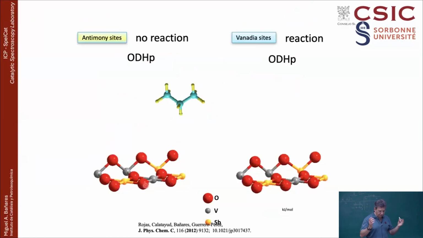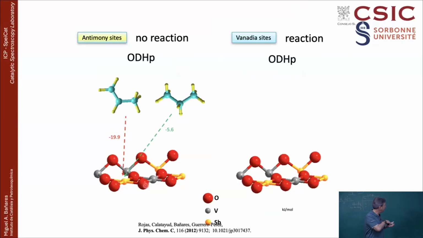The adsorption energies were like 30 for the propane and like 20 for the propylene on both sites. So during reaction, let's assume that you get the propane molecule, and it adsorbs on the antimony site. The adsorption energy of propane on the antimony site is very little, it doesn't really like it. If it were activated here and propylene formed, the molecule adsorbed there like propane is not very happy, but when it goes into propylene, the adsorption energy is much higher.